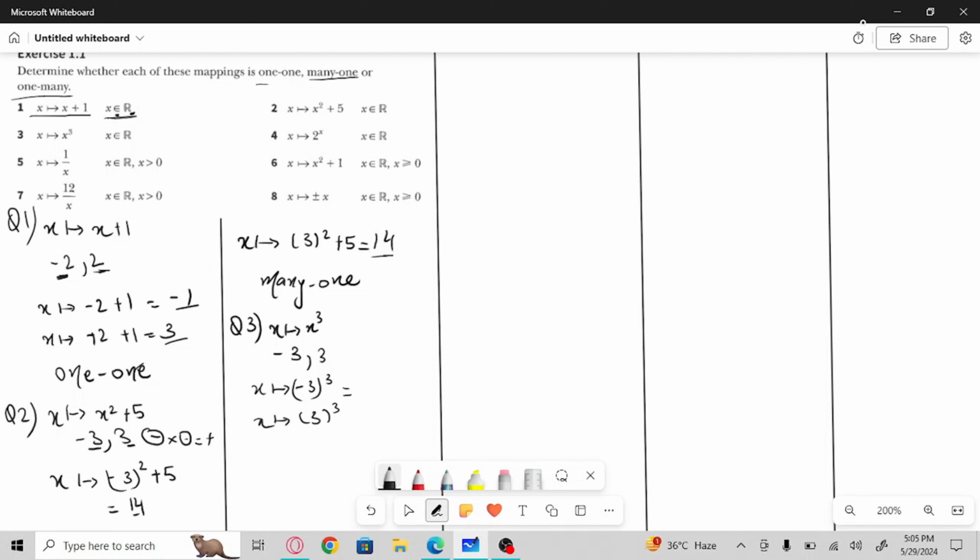The answers are going to be different. Why? Because negative multiplied by negative is equal to positive, but if we multiply it again by a negative value, we get negative again. So -27, and this is going to be +27. So for two different inputs, we are getting two different outputs. This will again be a one-one type of mapping.